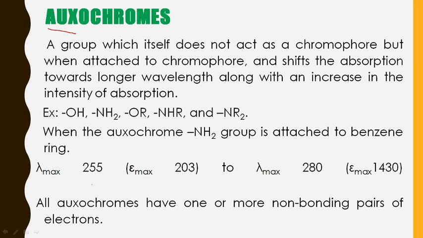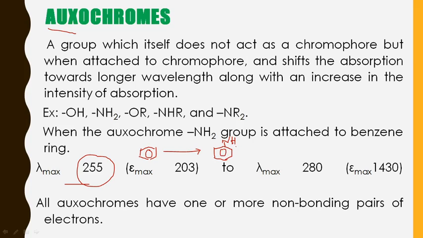Suppose I am taking the example of benzene. Simple benzene can give absorption at 255 nanometers. If benzene is converted to aniline, what is extra here?